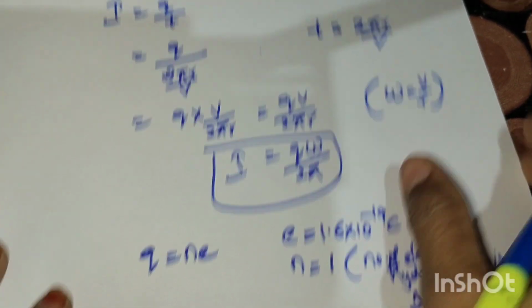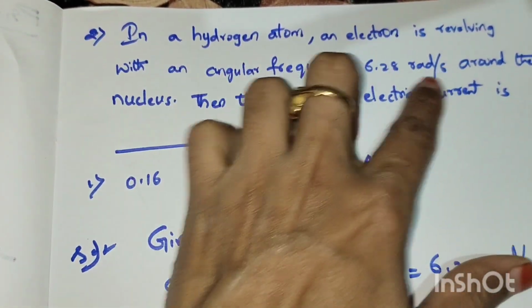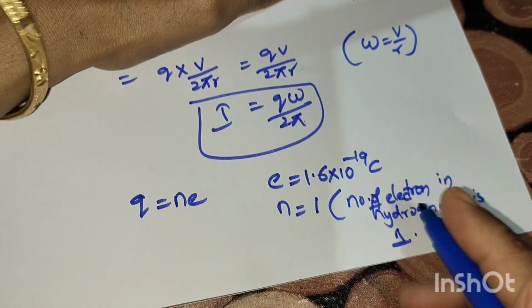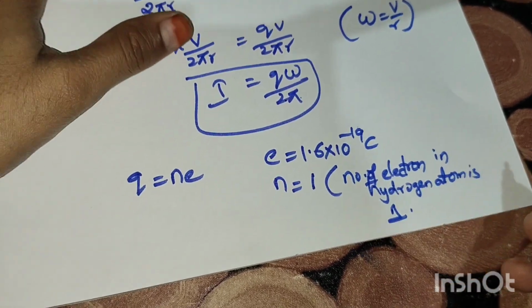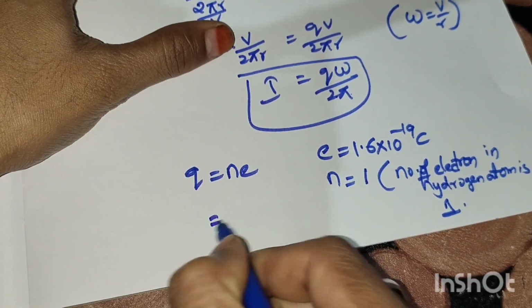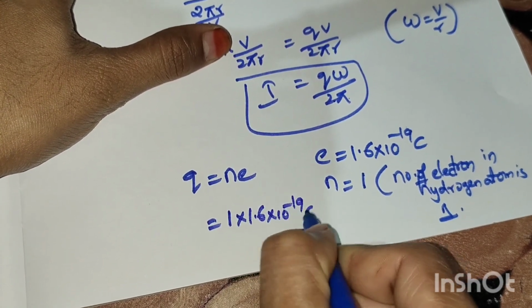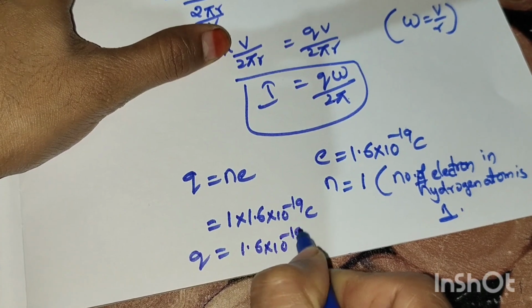They have given that the electron is in a hydrogen atom and is revolving with an angular frequency, so the number of electrons present is 1. So N is taken as 1. Substitute here, N is 1 into 1.6 into 10 power minus 19 coulomb. So Q value is 1.6 into 10 power minus 19 coulomb.